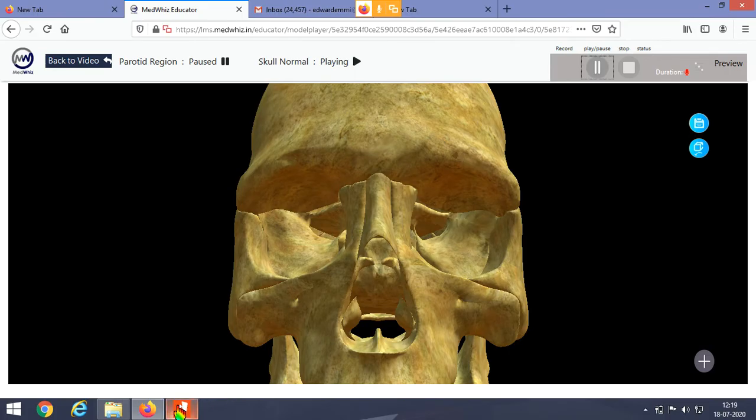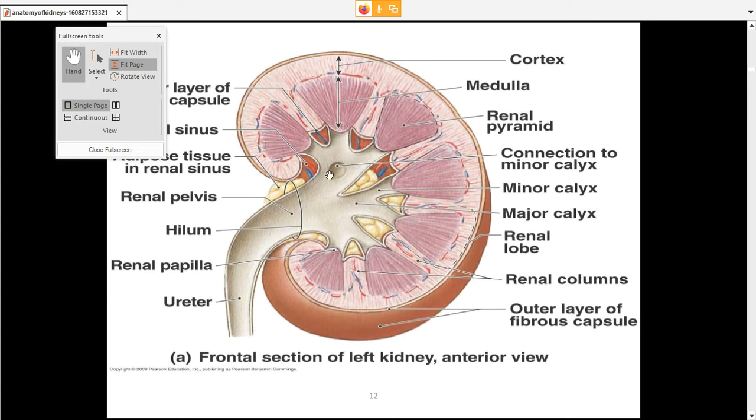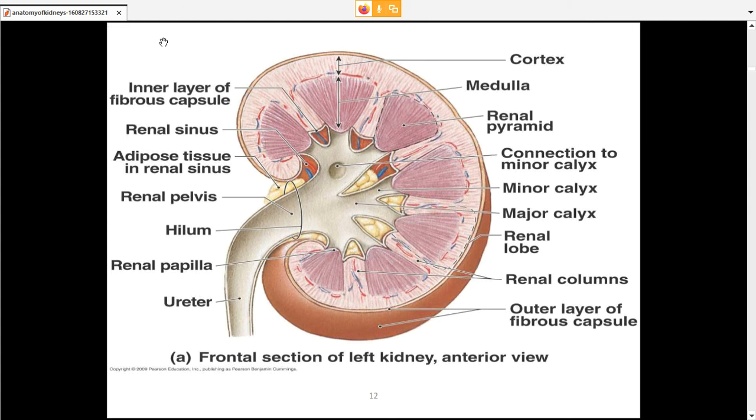Coming to this outside structure is like this, and then what about the inside? So inside part, as I told you earlier, here you can see the outside part is called the cortex. So we took a section, we cut the kidney and we are seeing the inside part.